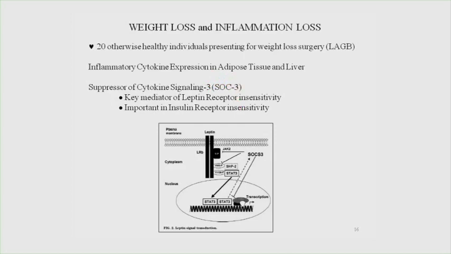This molecule is a key mediator of insulin insensitivity in the liver and leptin insensitivity in the hypothalamus. When it is activated, you become leptin insensitive, and that makes it very difficult for you to lose weight. When it's activated in the liver, you become insulin insensitive, you become diabetic. Sugar, saturated fat, inflammation in general upregulate SOCS3. We don't like to see that at all.